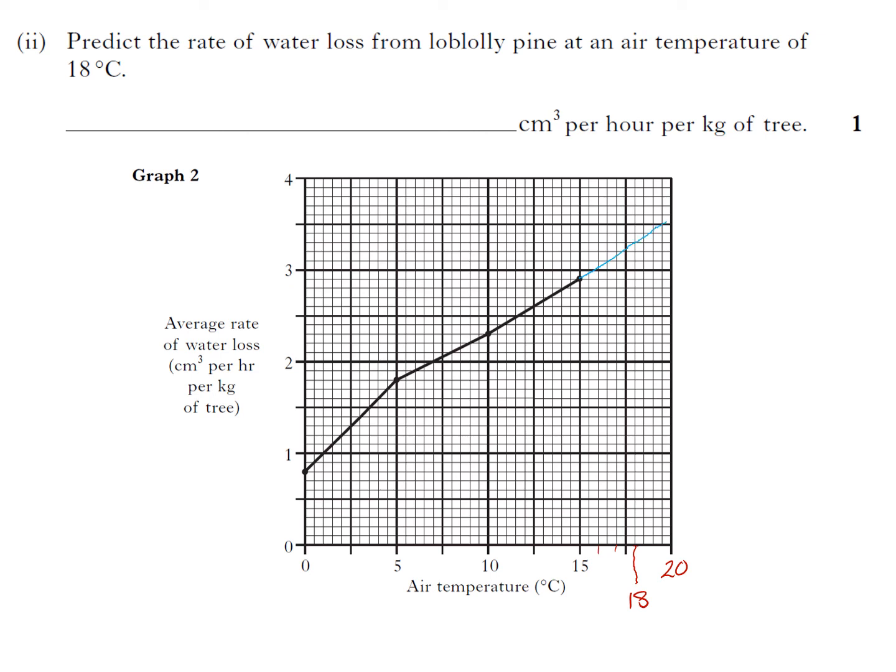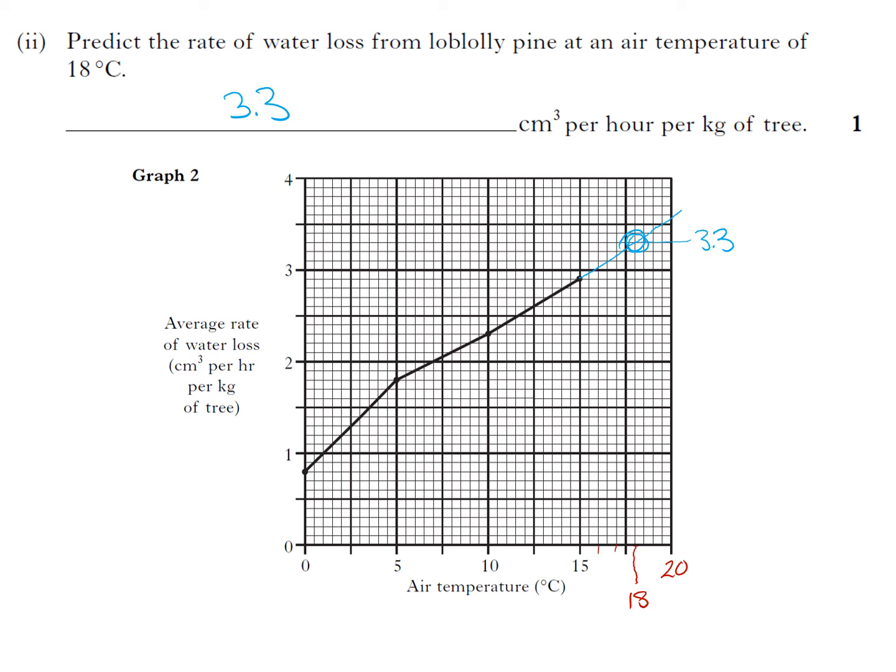So I think that's not bad. Okay, so if I take my 18 up, there's my point there, which is 3.3. There might be a little bit of give, actually. I'd have to check the mark scheme for that one. Given how straight that line was, it might not be very much at all.